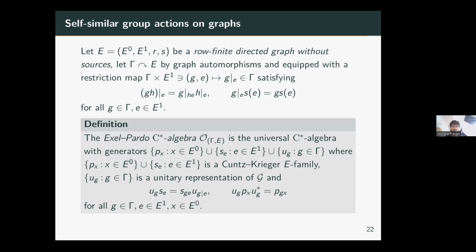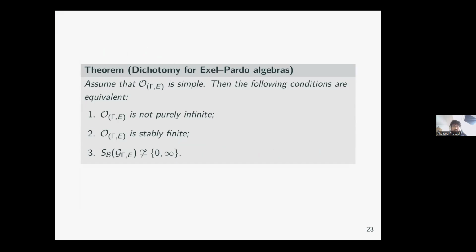Okay, and we have a dichotomy result for Exel-Pardo algebras as well, as an example. If it is simple, then we have these statements. It's either stably finite or it's purely infinite, in which case its type monoid would be {0, infinity}. Here, G_{gamma,E} is the groupoid of the Exel-Pardo algebra, which I have not discussed here because it's a bit complicated.